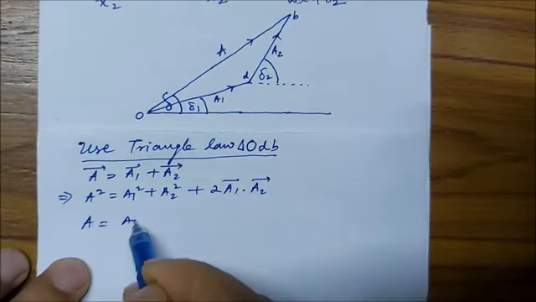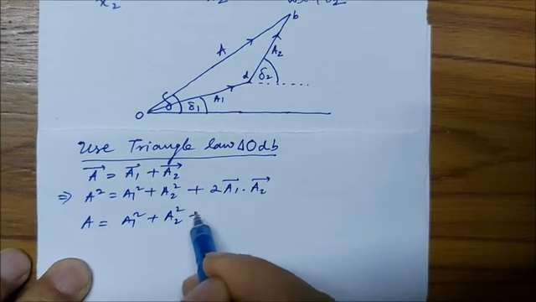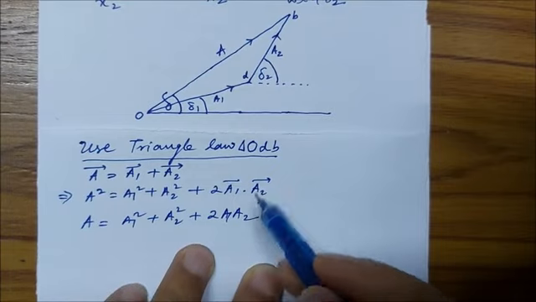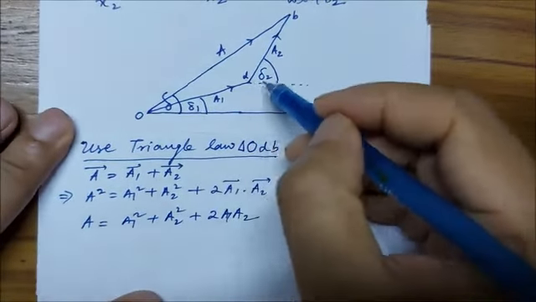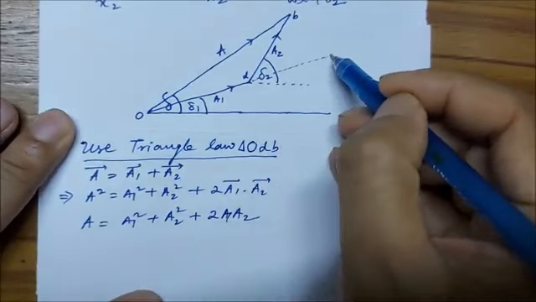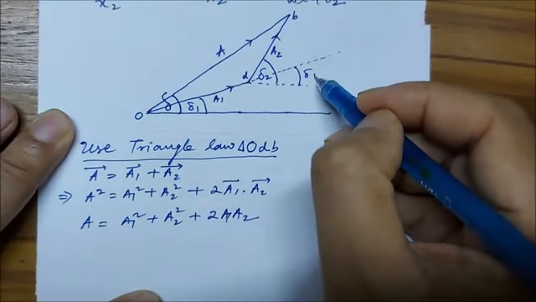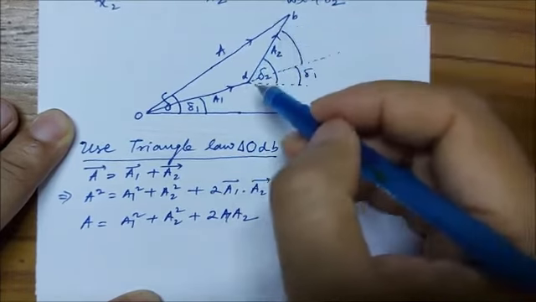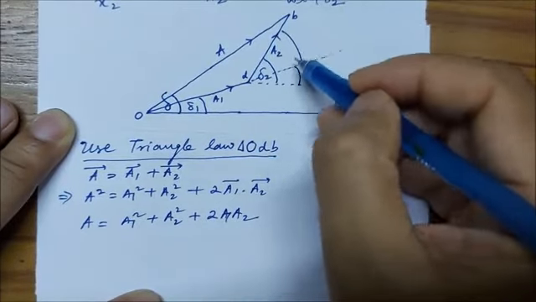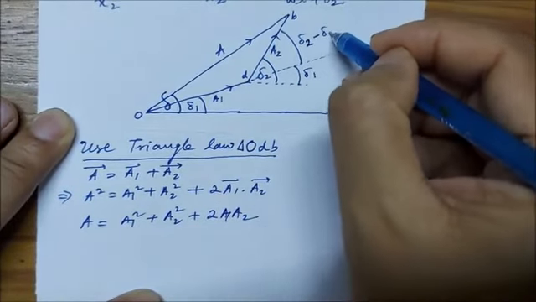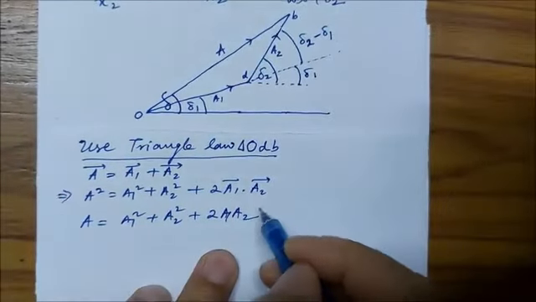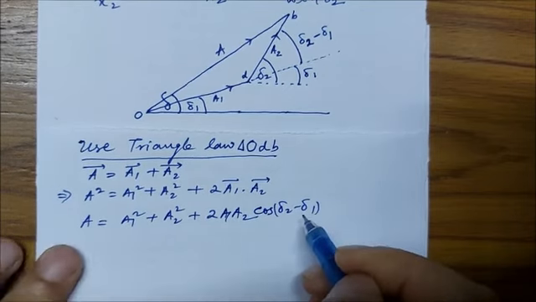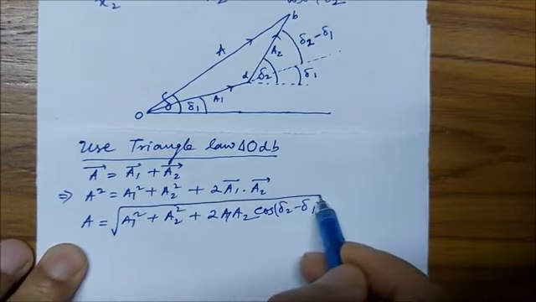The angle between A1 and A2 will be, this is A1 and we can extend it. This is therefore delta 1. So this is the angle between A1 and A2. This is A1, this is A2, and this is therefore delta 2 minus delta 1. So here we have cos of delta 2 minus delta 1, and A is under root of the entire expression.